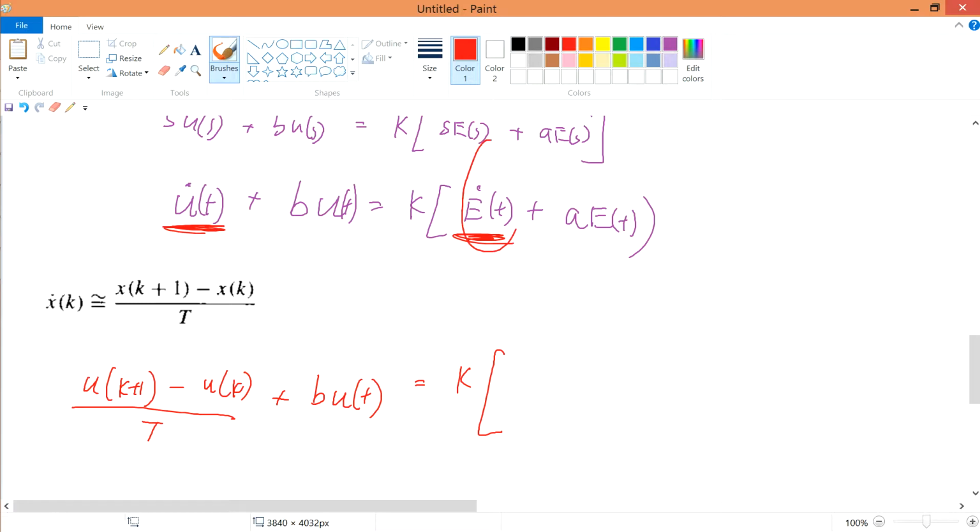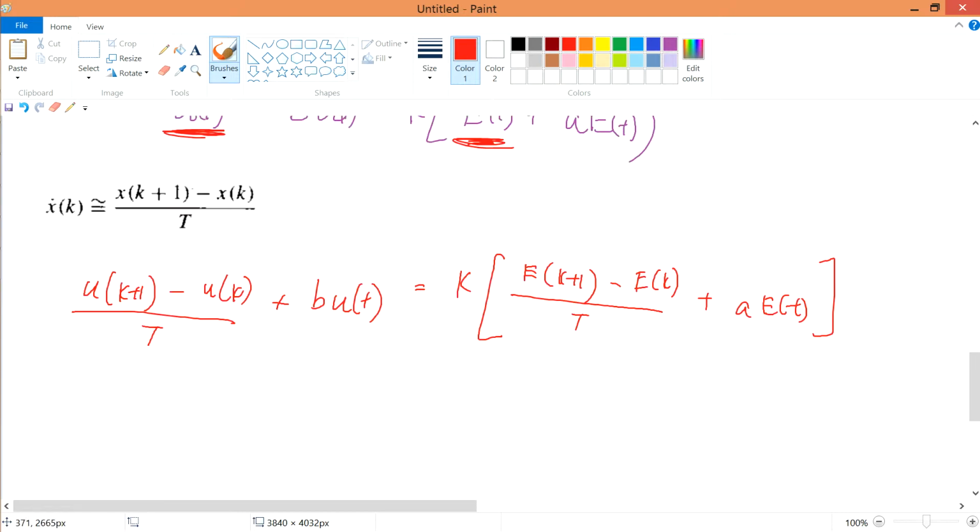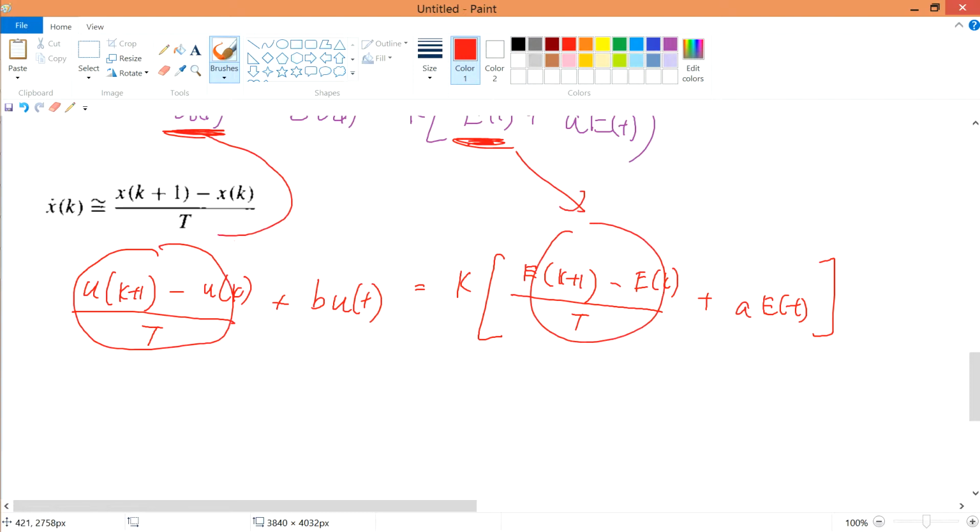For the case of e dot t, instead of x, now we sub it as e. So I have e(k+1) like this, and then plus a e(t). This is how you apply the Euler's formula, the Euler's difference formula, inside each of them.